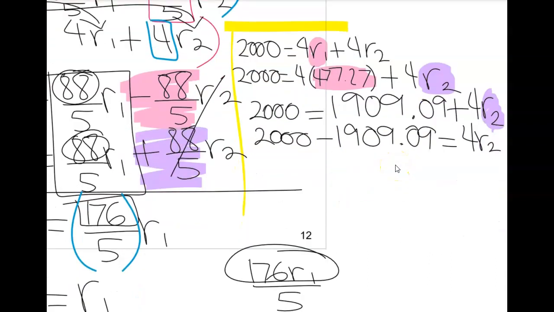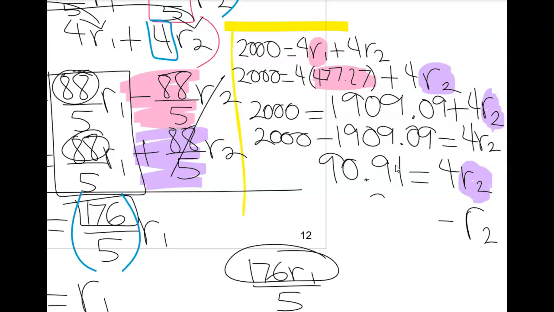So I'm going to subtract that. 2,000 minus 1,909.09, and I get 90.91, and this is 4 r sub 2. The last thing I have to do is divide by 4 to isolate r sub 2. So r sub 2 will be 90.91 divided by 4, and that is equal to 22.72. I'm going to round it to 73.